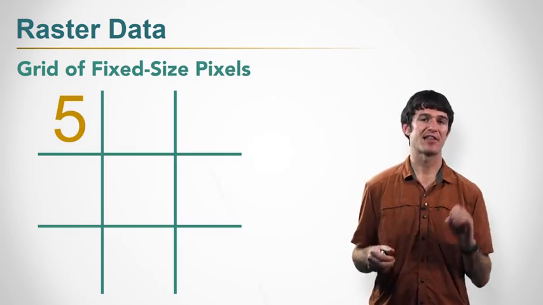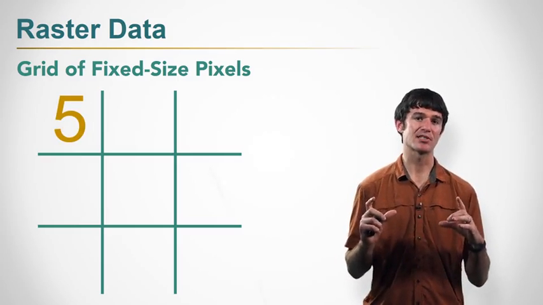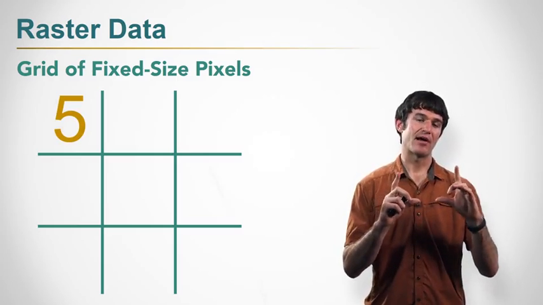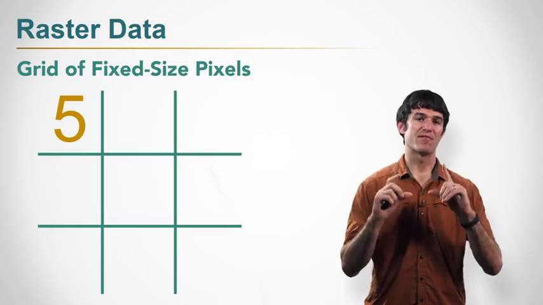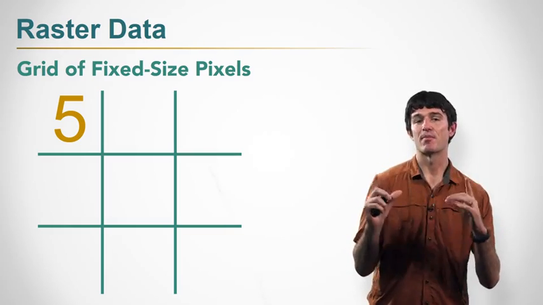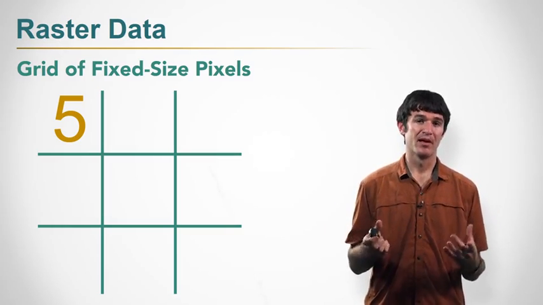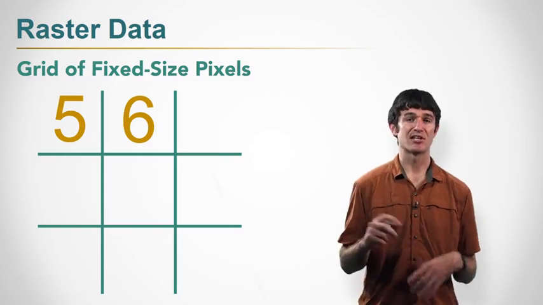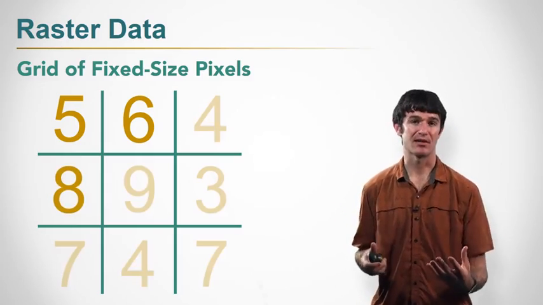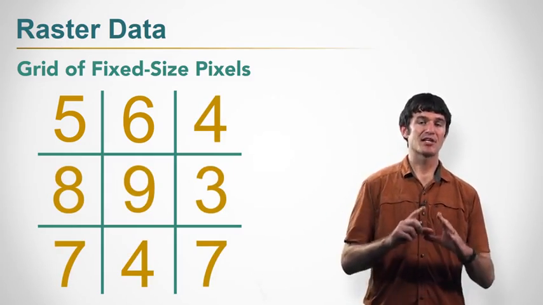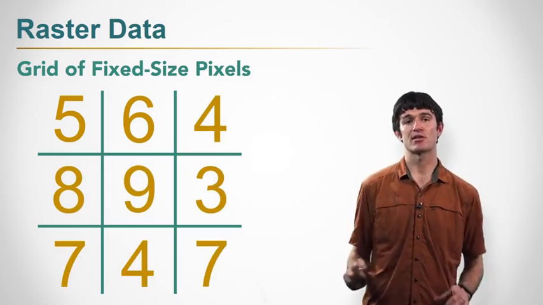If I write a 5 in that top left box, that whole area that that raster cell represents has the number 5 as its value, whatever that number means in this case. If it's elevation, maybe it's 5 meters tall. And then the one next to it might have a 6, and so that one's 6 meters tall, and the one below it might be 8, something like that. And so rasters do that through the whole space that the raster covers.